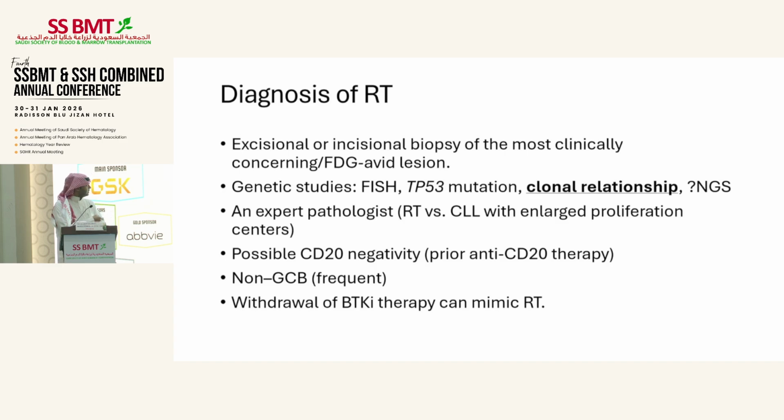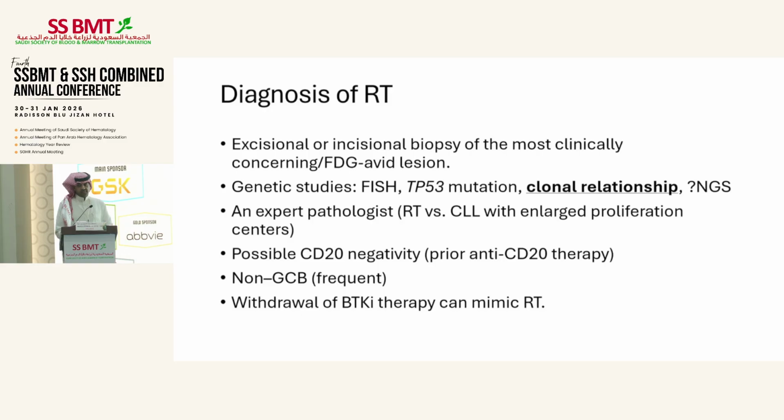Whether it's excisional or incisional, you should get enough tissue for the hematopathologist to make the right diagnosis, because there are actually studies that have shown discrepancy between the diagnosis and the histopathological conclusion. So you need to consult with expert pathologists, because, for example, CLL with enlarged proliferation center can look like Richter, so they have to be familiar with this.